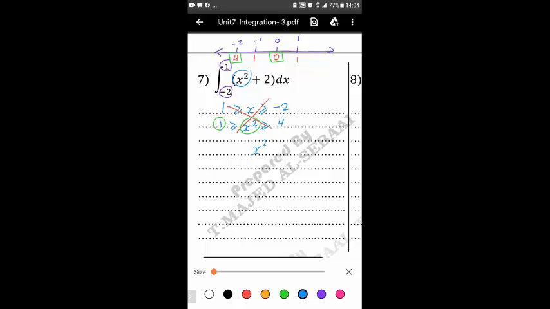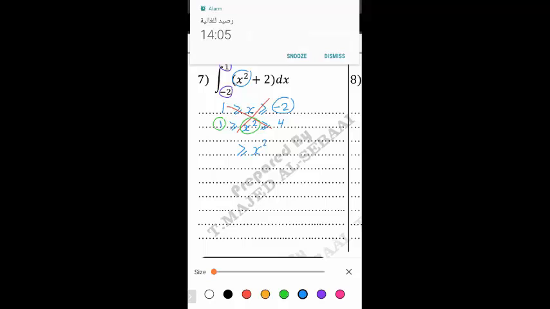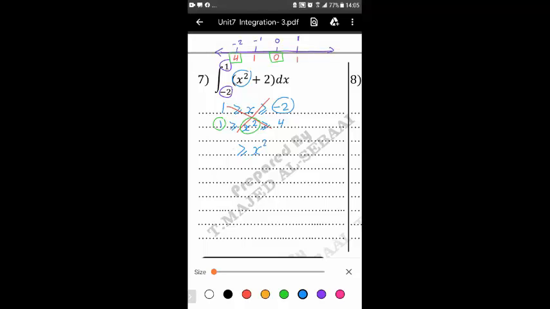Put the bigger one here, and 0 for the small one. Don't think about the negative. So x squared is between 4 and 0, because 4 is the highest and 0 is the lowest. You understand?